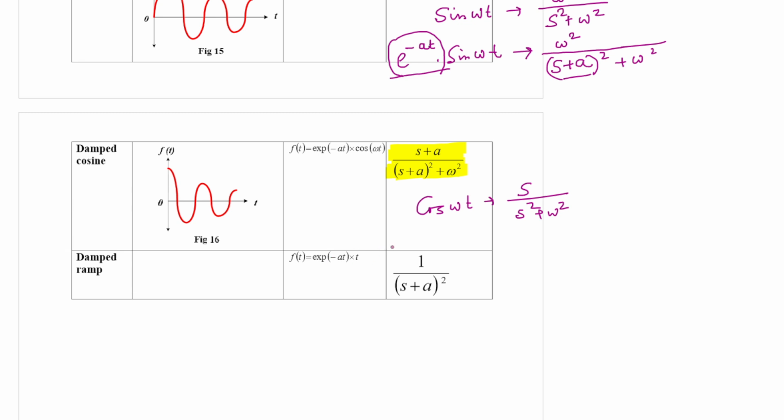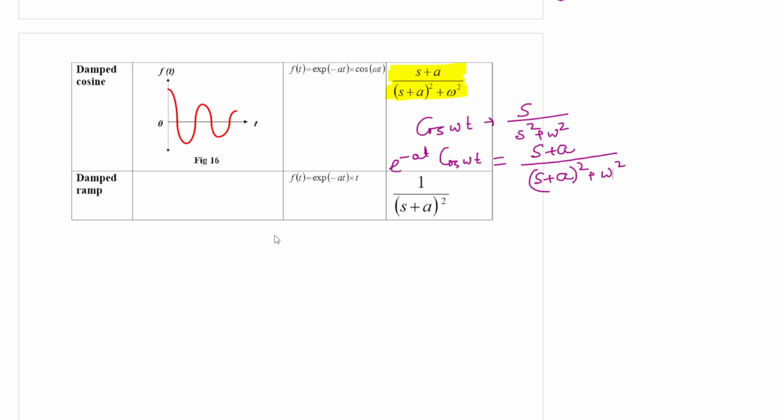If it is contaminated with this factor, e to the power minus at cos omega t, then its Laplace transform will be s plus a, that means shifting in the frequency domain. So in the denominator we have s plus a whole square plus omega square.